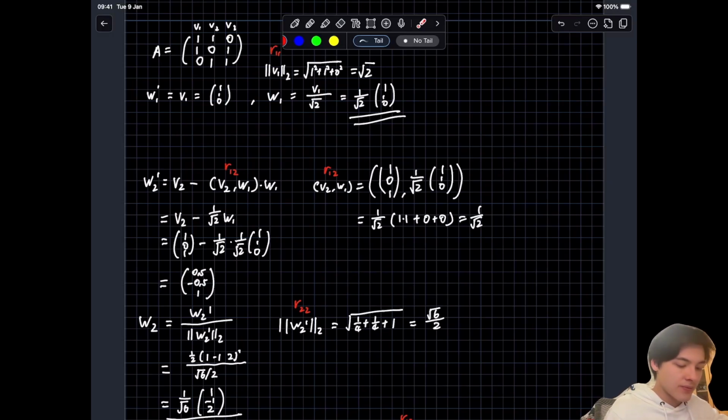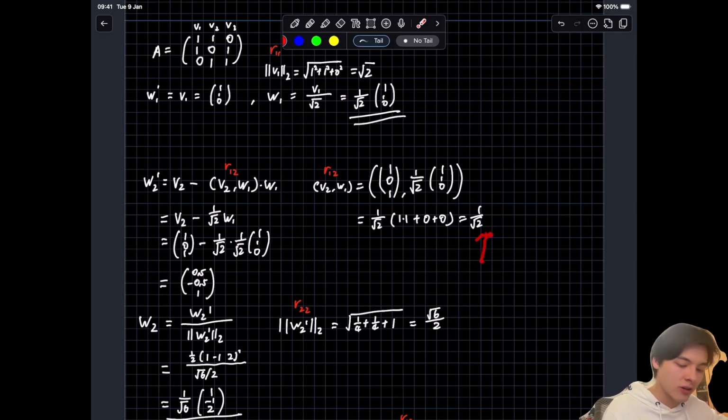So yeah, what this means is basically we have V2, and this could be, for example, W1, and it's just like 1 over square root of 2 along this side.